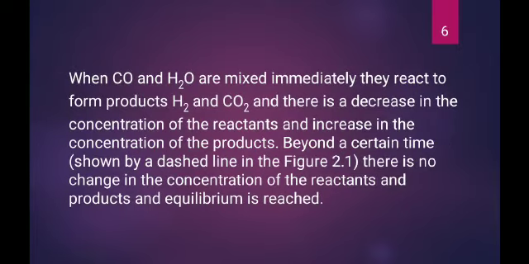When CO and H2O are mixed, immediately they react to form the products H2 and CO2. There is a decrease in concentration of reactant and increase in concentration of the product until a certain time. As we have shown in the previous figure, there is no change in the concentration of the reactant and product at equilibrium, or when the equilibrium is reached.